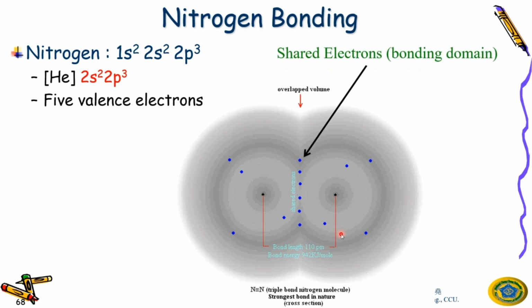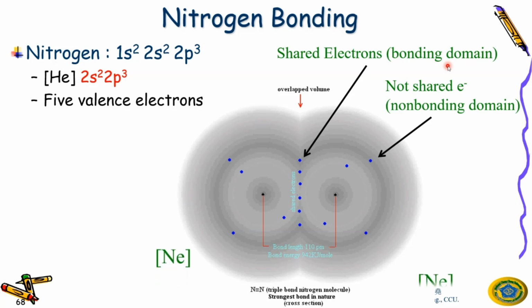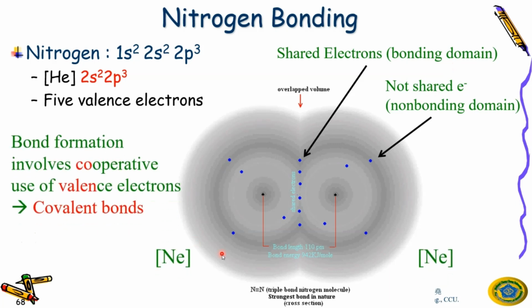So this is called shared electrons. Because this involves bonding, that's why we call it a bonding domain. Not sharing electrons, not a bonding domain. So this goes from the nitrogen electron configuration to the neon electron configuration.